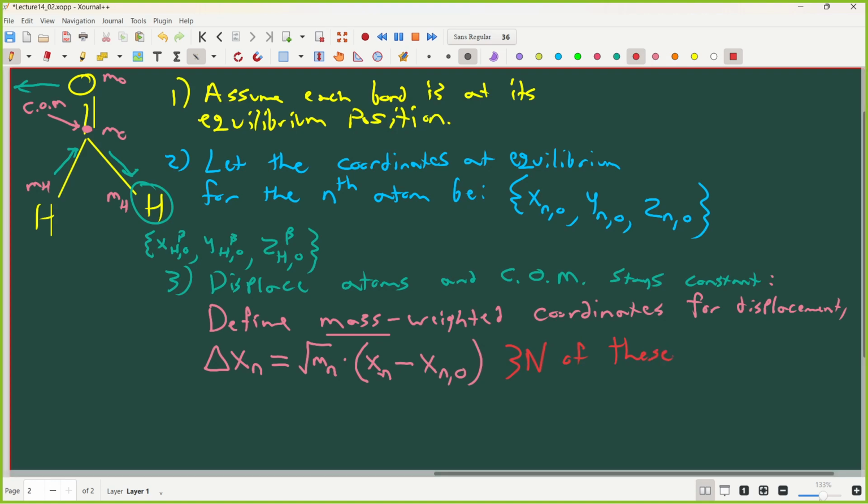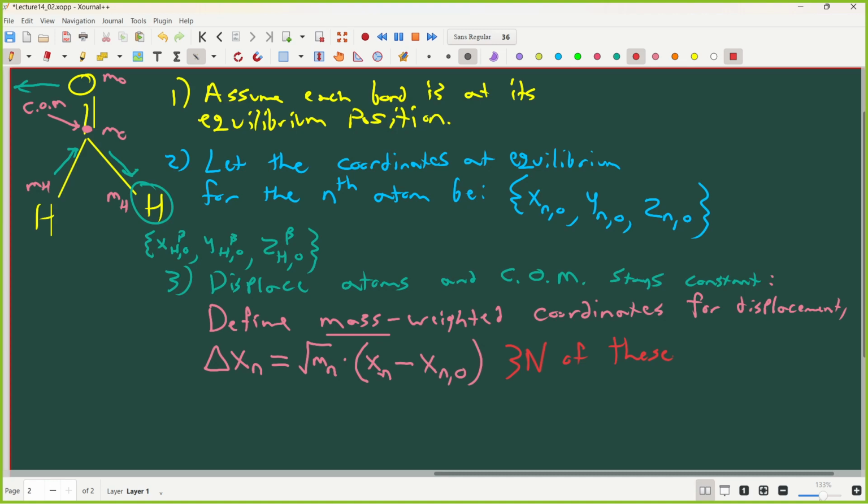Okay, and what I'm going to do now is think about how, ultimately, our potential energy changes in our system. Remember, we're always going back to the Schrodinger equation. We know the kinetic energy of these atoms is just a function of the mass and the second derivative of the position, so that's easy enough to write down.